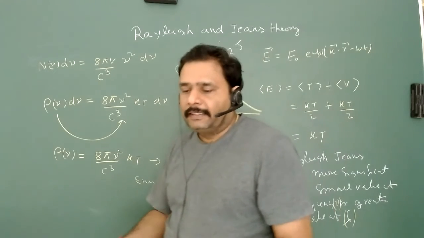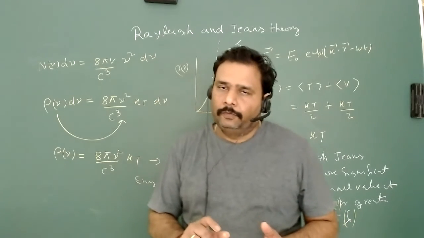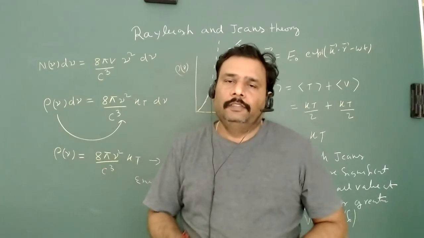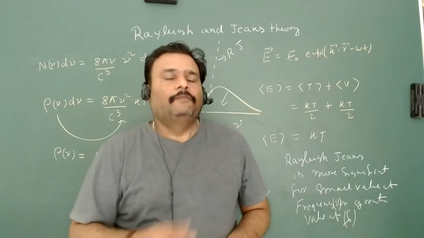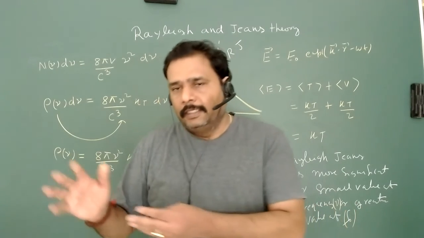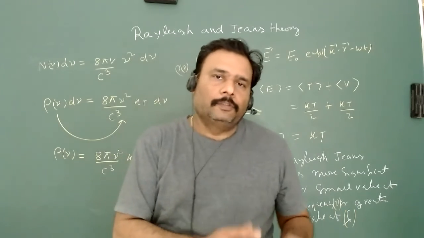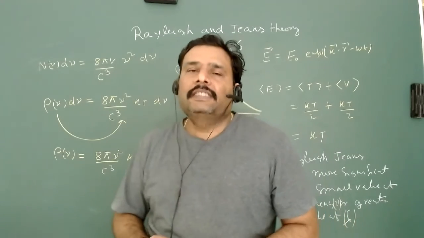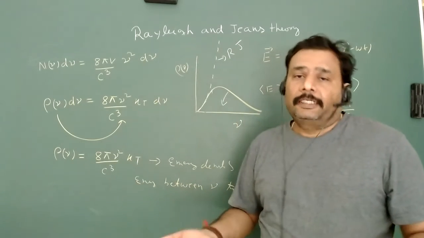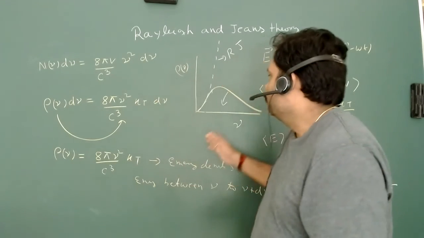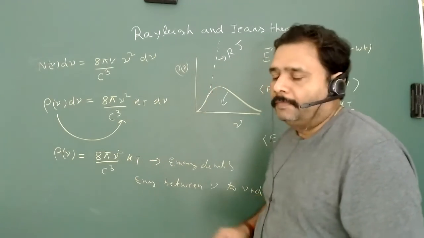At least he tried to calculate the number of modes. He tried to include the classical Maxwellian theory, the classical theory of electromagnetism, into his calculation. Up to some level he was successful, but he doesn't give the complete explanation of black body radiation, that is, why this peak is there and after that it decreases again.